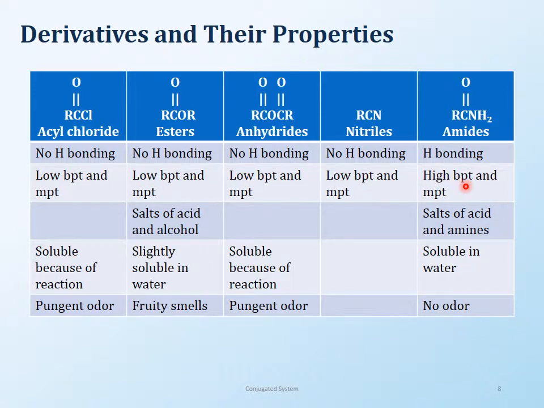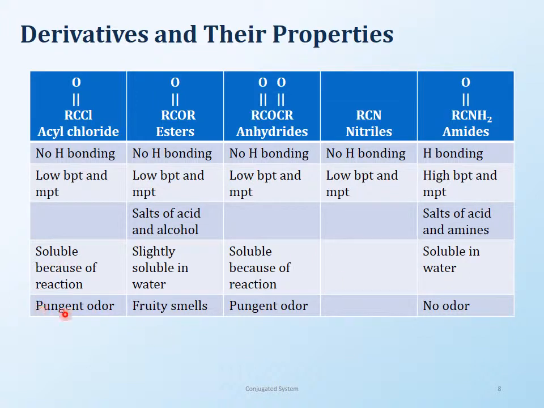Only amides will be a little bit soluble in water because of the hydrogen bonding. Esters are very slightly, not really soluble in water. Acyl chlorides are slightly soluble in water, but it's not because of solubility, it's actually because of reaction. Acyl chlorides react very readily with water, as do anhydrides. So both of these are very water sensitive, not because of solubility, but because of reactions. And nitriles are not going to be very soluble in water.